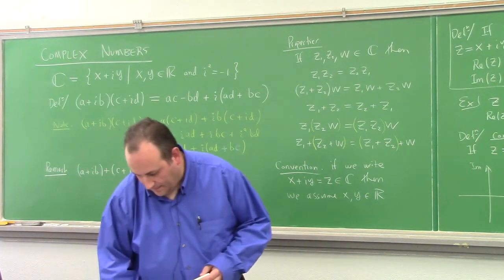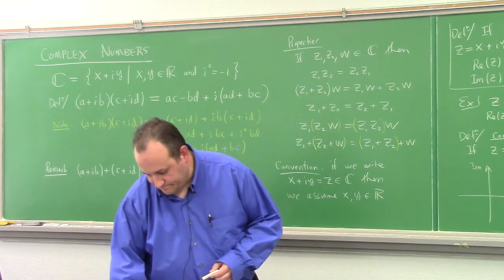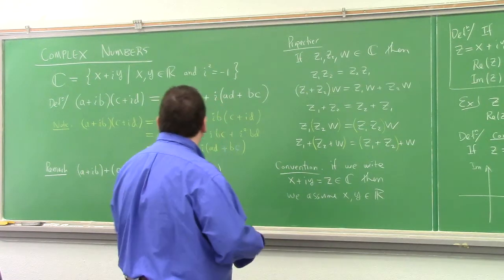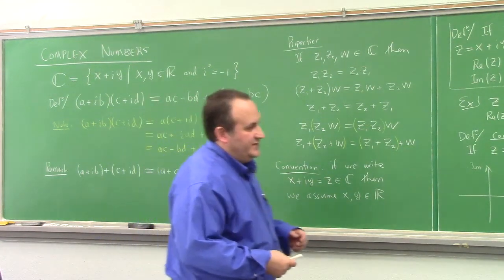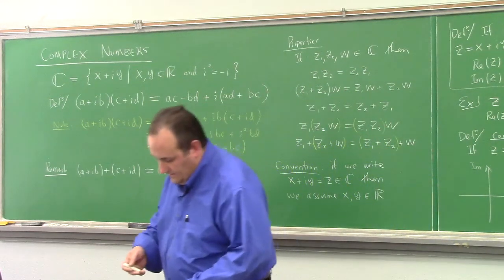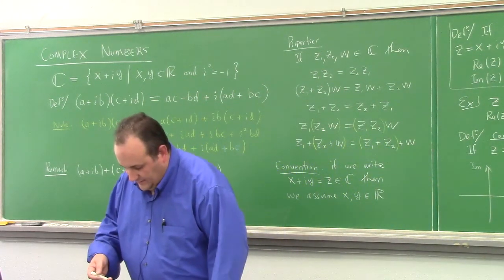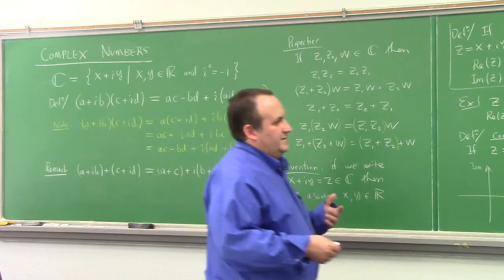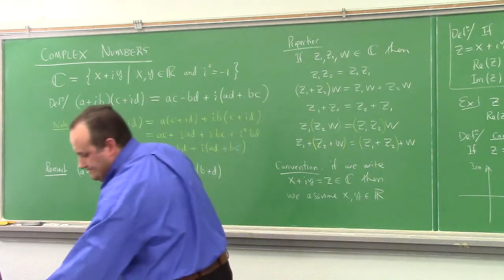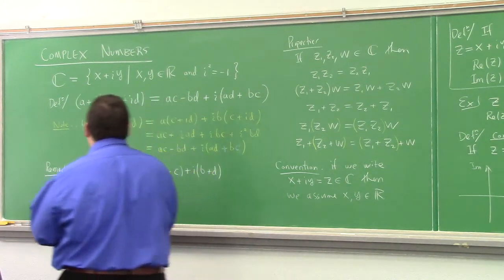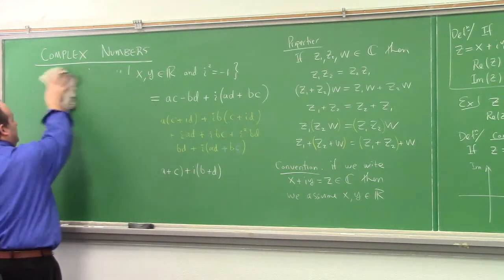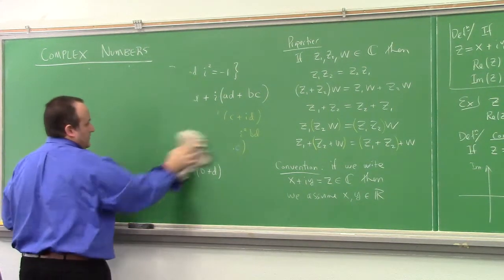Now, it should probably be mentioned that you can also get, well, let me erase some stuff here. So complex numbers, we can think of them as the plane, as a two-dimensional plane.